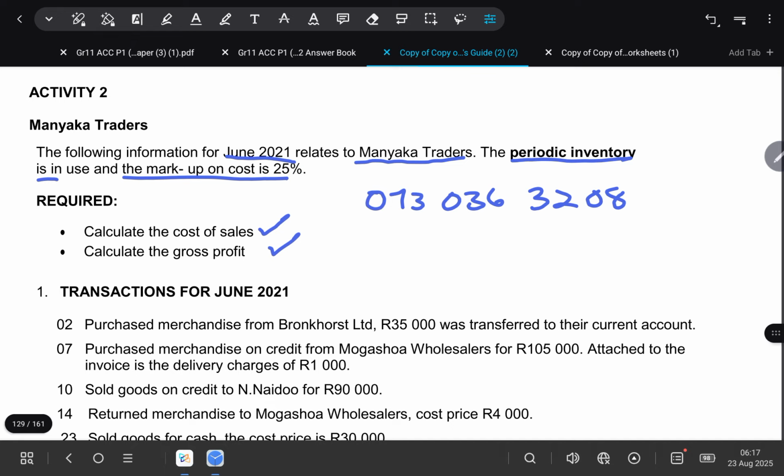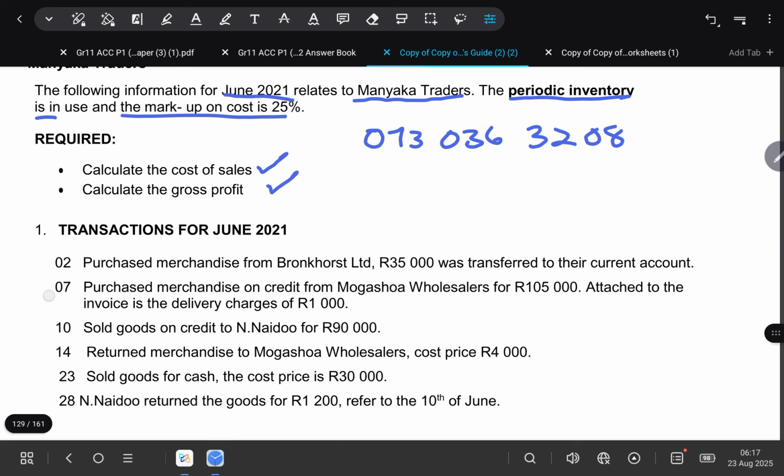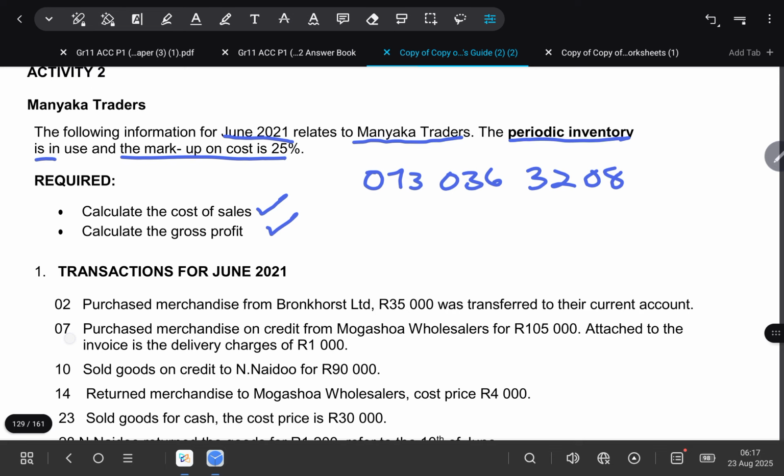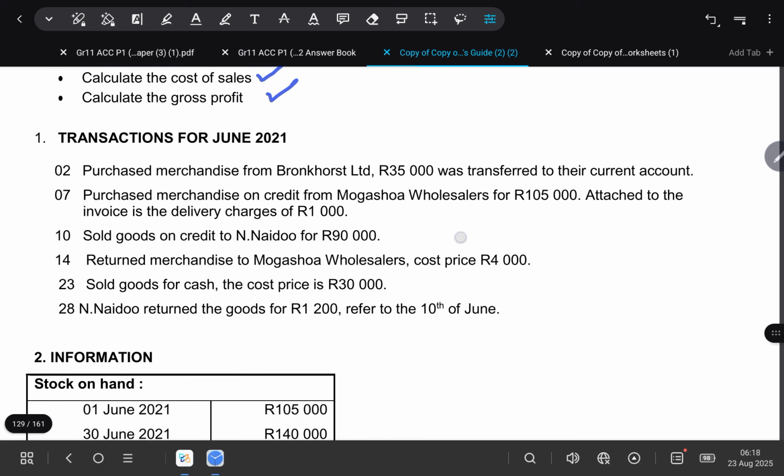Now, remember, here we are required to calculate cost of sales. You cannot calculate cost of sales without knowing the format that you are supposed to use. The format that we use is as follows. You always start by recording the information that is known to you.